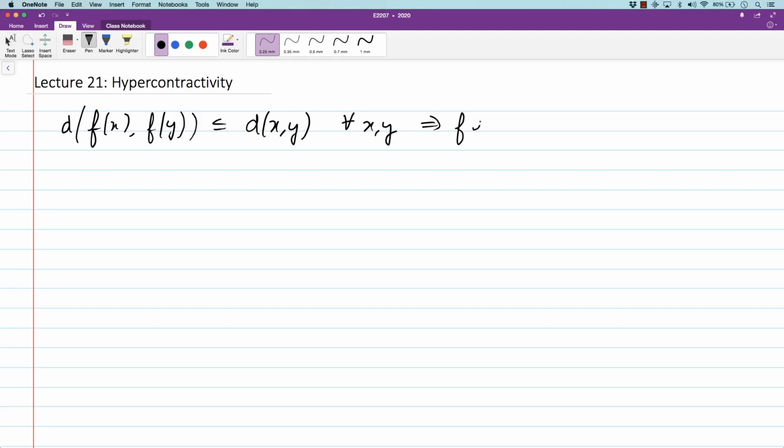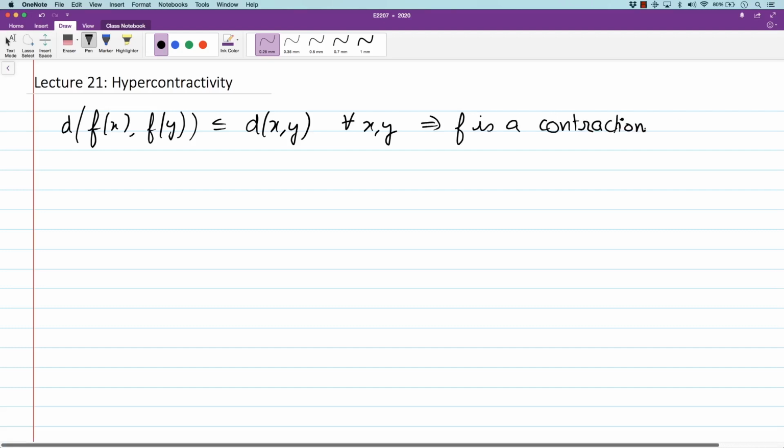So this is what a contraction is, because it shrinks distances. And in fact, if this underlying space is not only a metric space but it has a norm, then it suffices to talk about the norm of f of x.